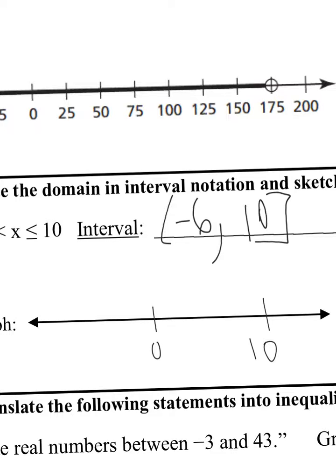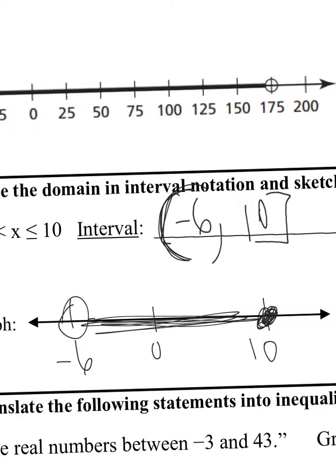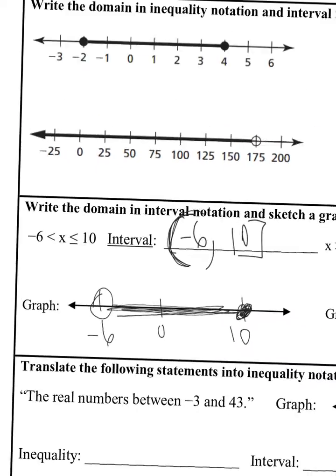I feel like the same thing's communicated when you draw your own, and since -6 was in a parenthesis, I'll put an open circle here, and then I'll put a closed circle there, and then x is in between that, so I'll shade it in there, and that's good enough for me.